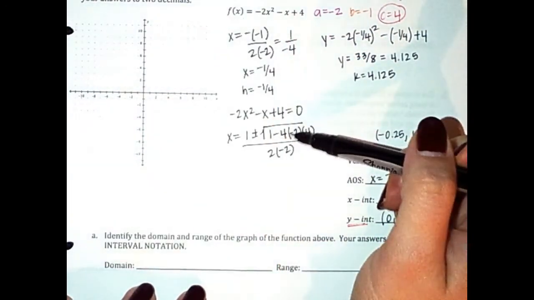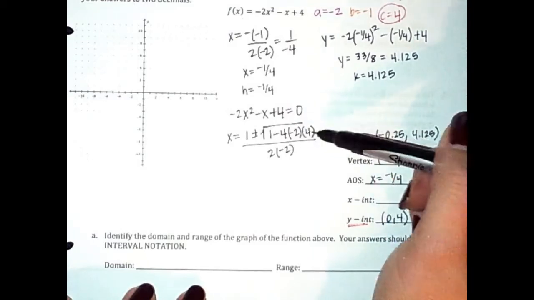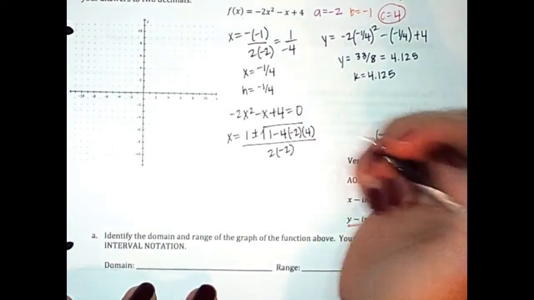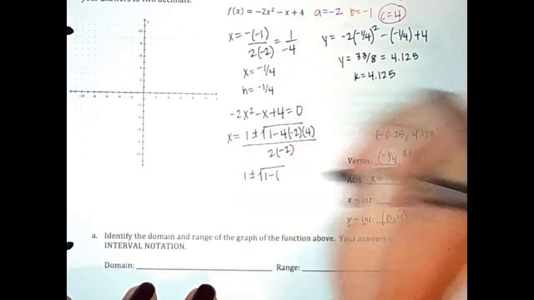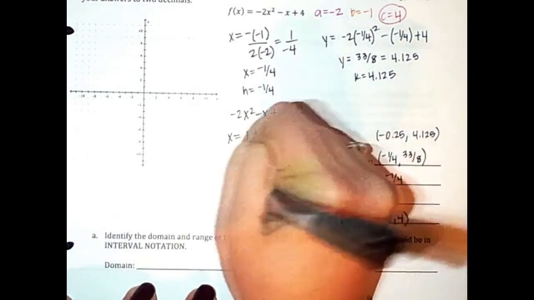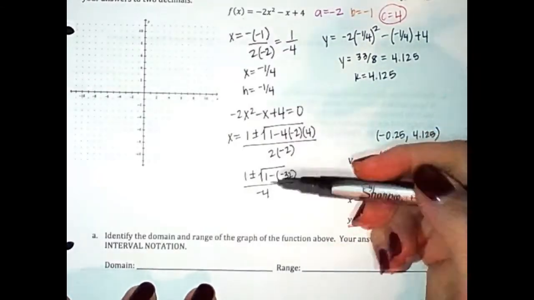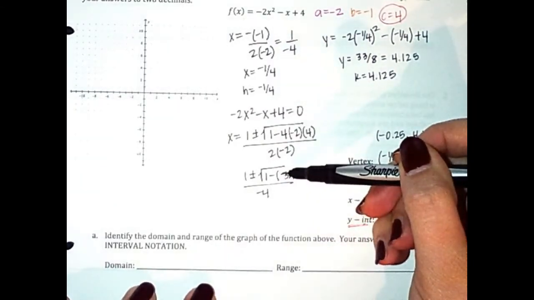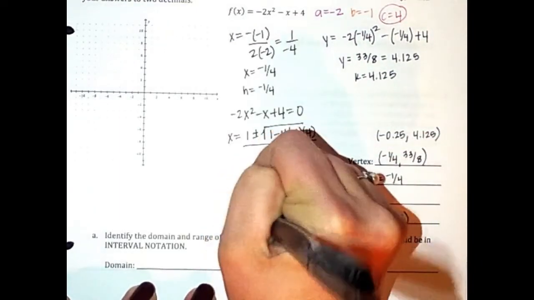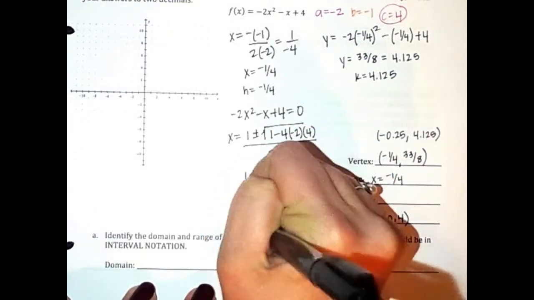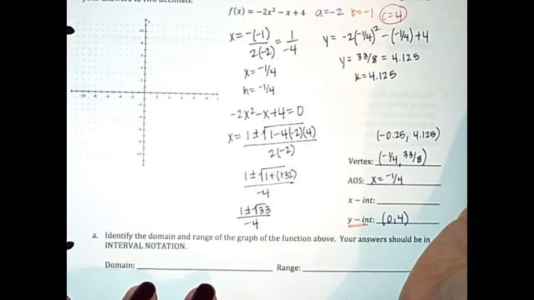So when I multiply this out, so 4 times -2 times 4, which gets me 1 minus -32 over -4. Now that negative and negative become a positive. So it's 1 plus or minus rad 33 over -4.